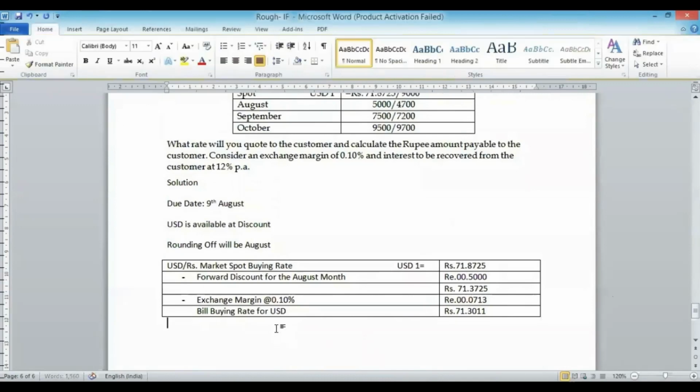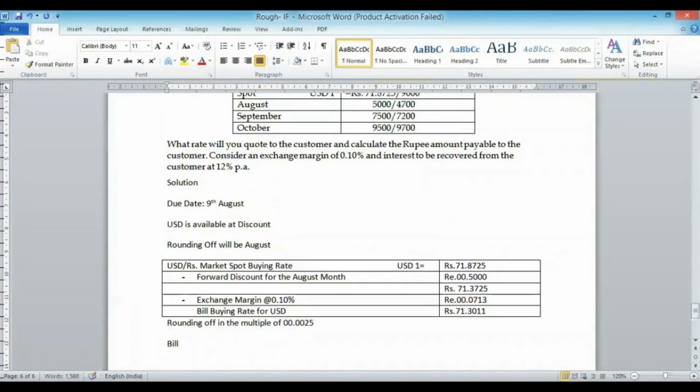Very good. Now, rounding off has to be done here itself. Yes, rounding off in the multiple of 0.01.